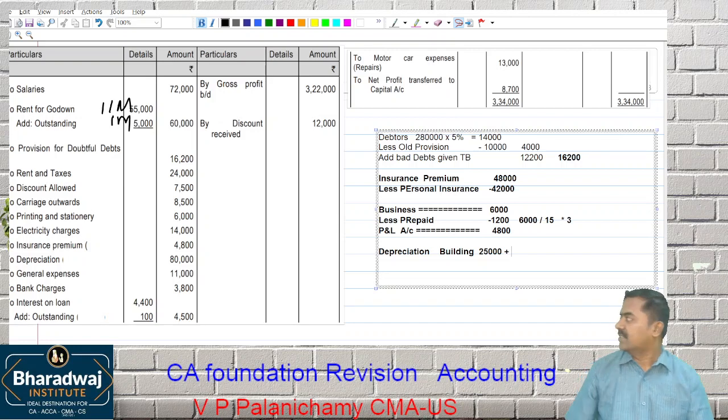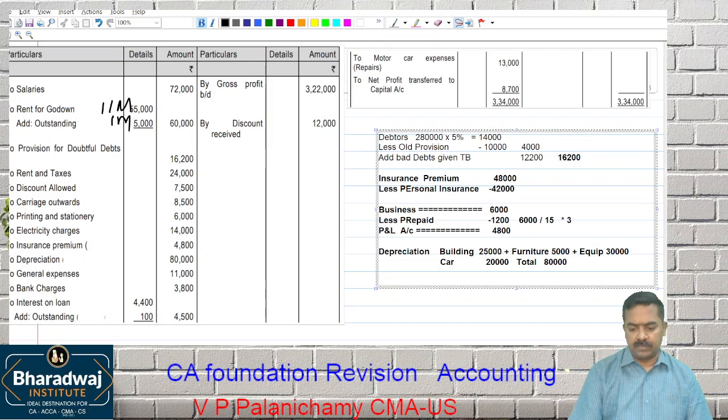Next, equipment. How much amount? 30,000. So total, add them, it comes to. Car also. Depreciation on car how much? So the total is 80,000.